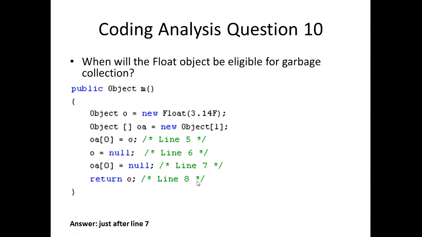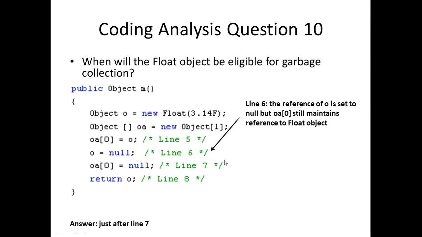The answer is just after line 7. That's the answer, and I'm going to explain it right now. In line 6 that you see here, the reference of O is set to null, but OA at position 0 still maintains the reference to the float object. As you can see, we're taking the reference to the float object 3.14 and assigning it here.